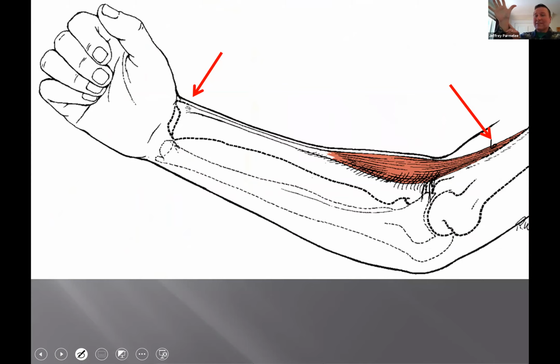Because of where it attaches on your radius, it is sometimes called the beer drinking or soda drinking muscle, because it brings your hand into this middle position, not supinated, not pronated, and brings it up to your mouth. It's going to flex it like that, yeah. So brachioradialis.